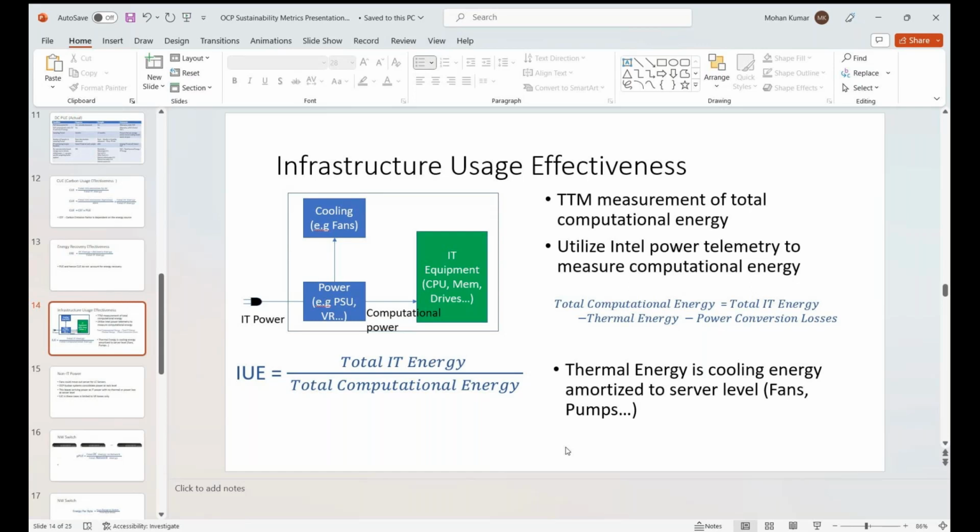Just like it went away for PUE, it may also go away for IUE. If you just take one blade in an immersion tank and look at it, you're not going to see very much loss in there, because the losses are happening elsewhere. They got aggregated away or disaggregated, whichever way you want to think of it. So you have to look at it at the right place to see the losses happening, because our job is not to make IUE equal to 1 immediately. Our job is to see these losses go away.